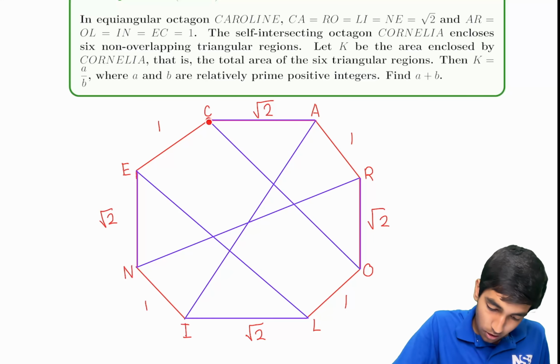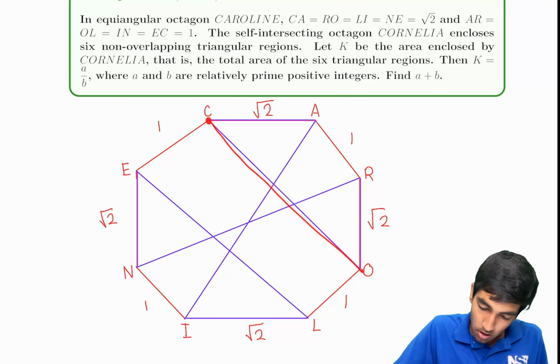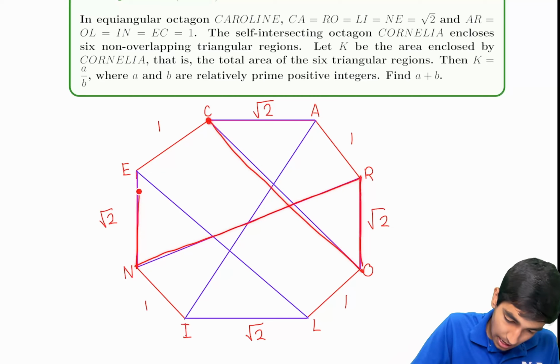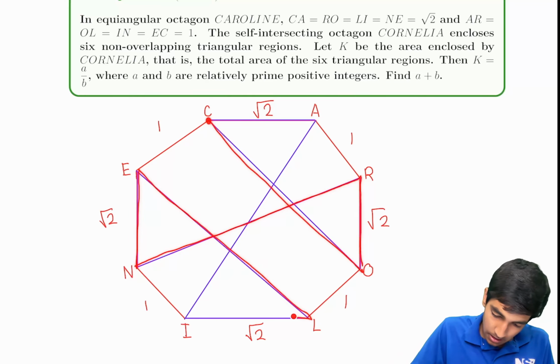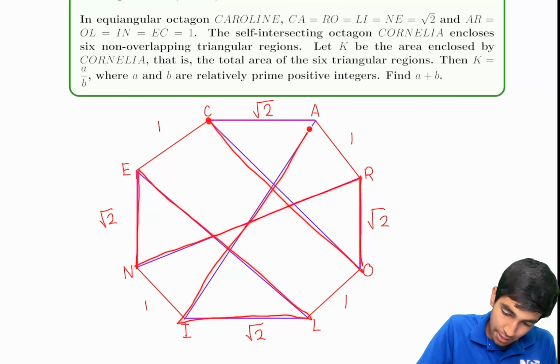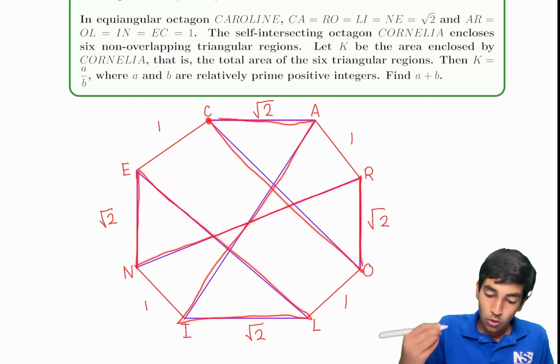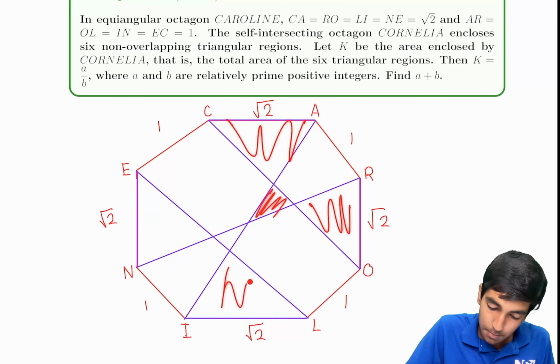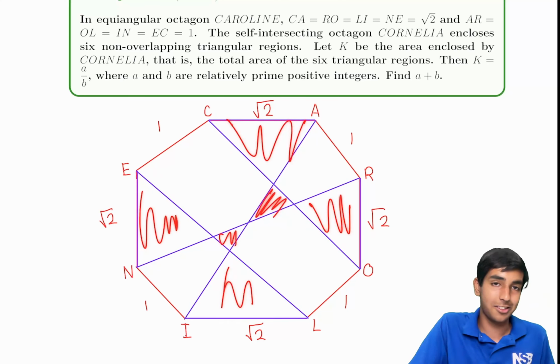Cornelia, so C, O, R, N, E, L, I, A, and then back to C again. That's Cornelia, and we're just basically asked to find this total region that's bounded by this self-intersecting octagon.